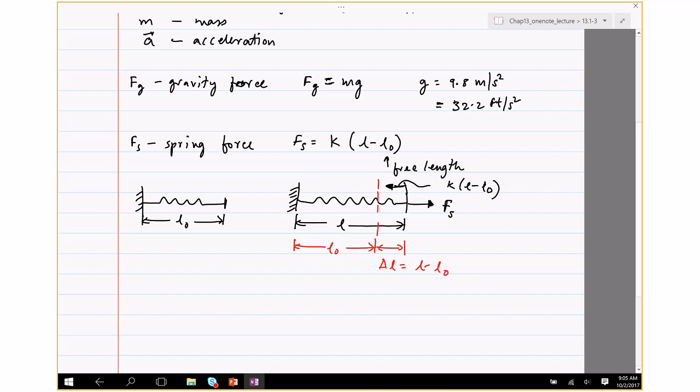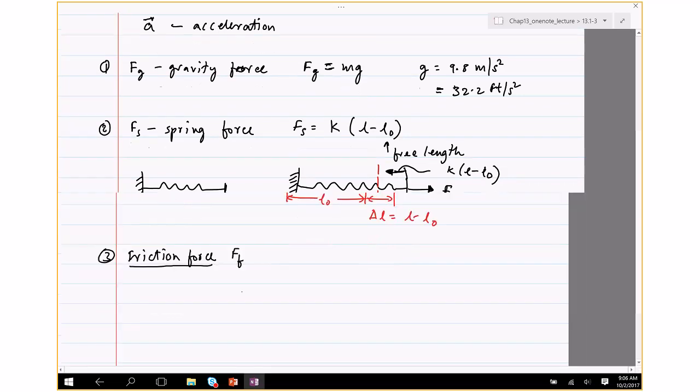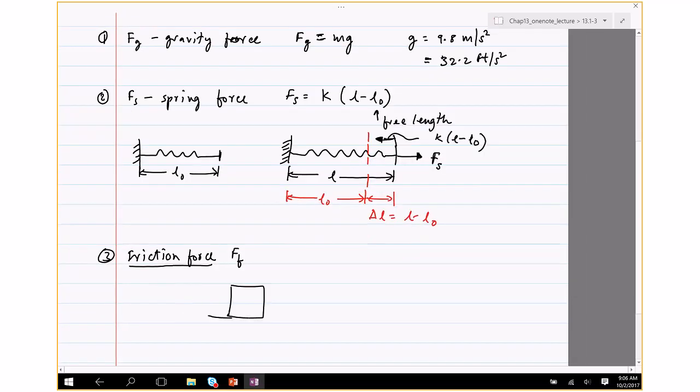The final thing I want you to know is the friction force, and I'll denote this as, let's call it Ff. So if there's a mass on the ground, there's a friction force.